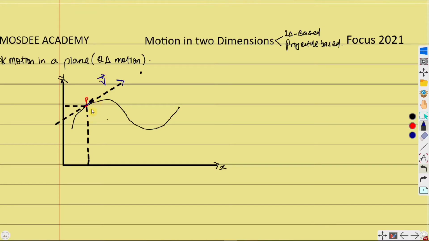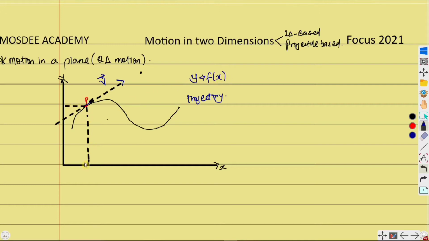Now, we can classify the motion of this body into two components. The velocity is tangential to the trajectory at point P. I said this is the trajectory, and we are still going to discuss a lot about trajectory motion later. Now, the equation of trajectory here, because we are drawing in a plane, we can represent by y equals f of x. What am I trying to say?